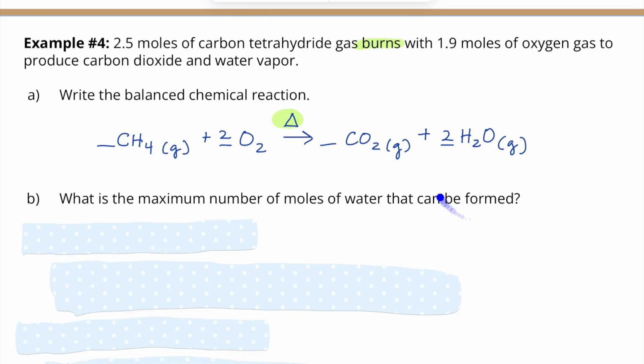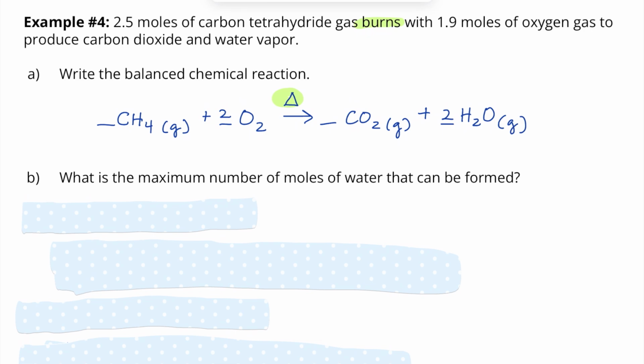So this one is just asking us for moles, so we don't actually have to go all the way to grams. We're still, though, going to have 2 problems. We're going to have one problem where we're starting with our moles of carbon tetrahydride and ending with our moles of water, because that is what the problem asked us for.